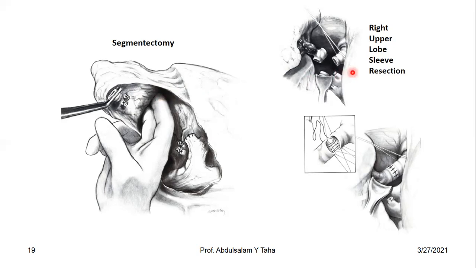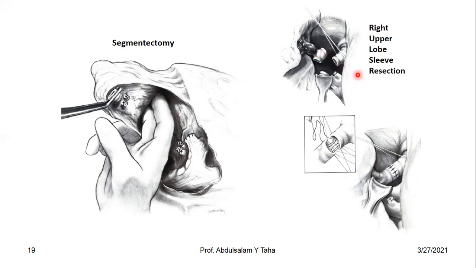Well, sometimes we may have a tumor protruding into the main stem bronchus, like here, a tumor of the right upper lobe protruding into the right main stem bronchus. So here, right upper lobectomy cannot be performed in the standard way.